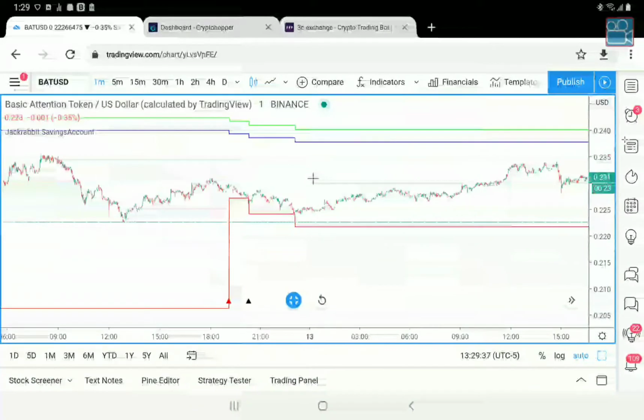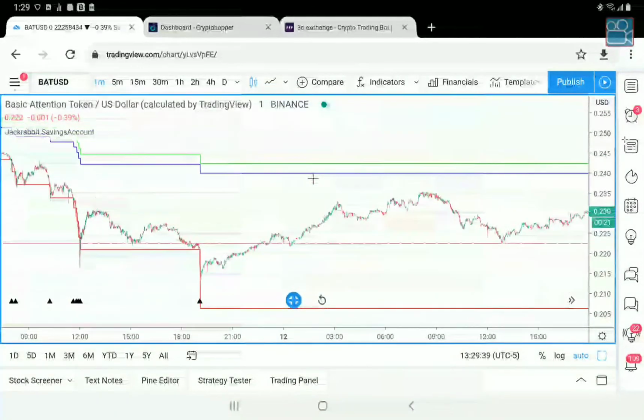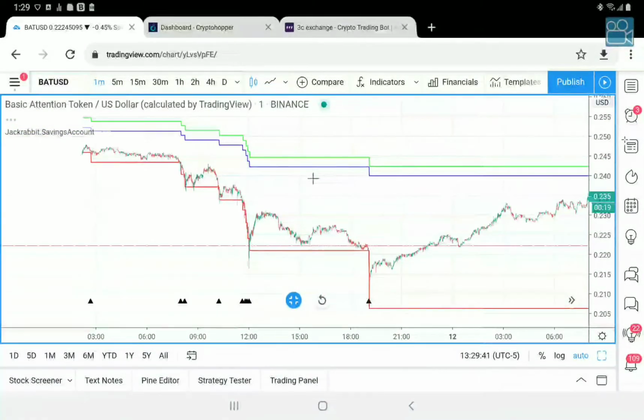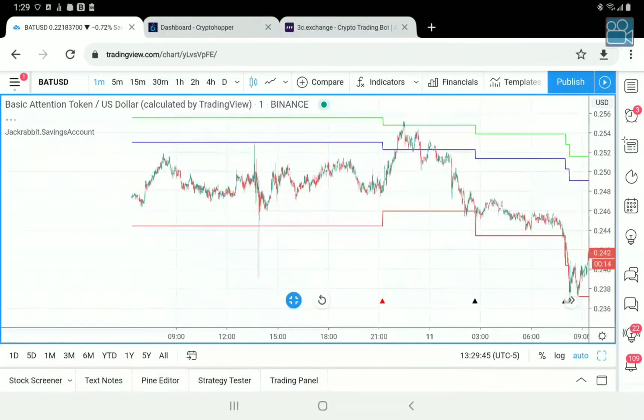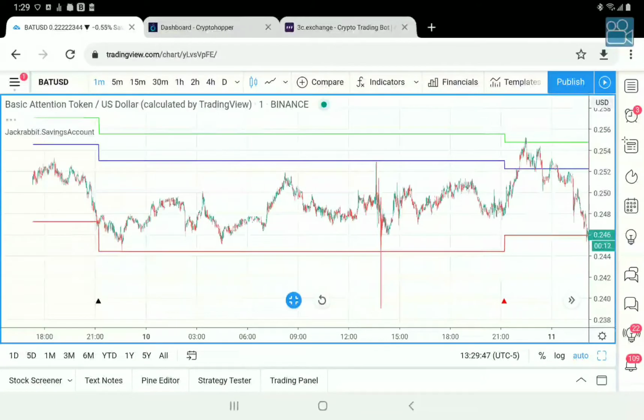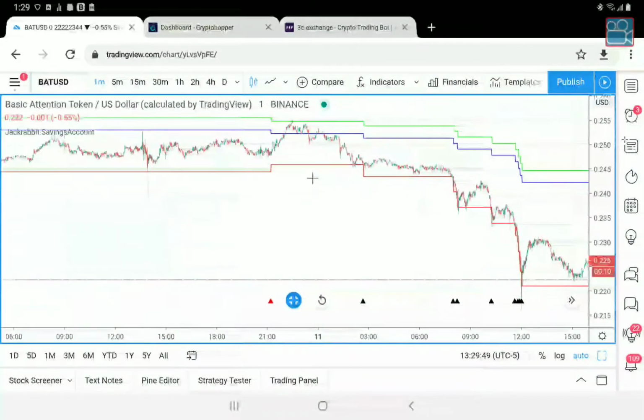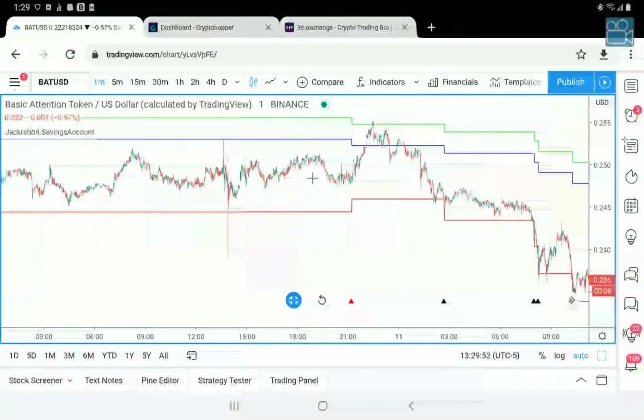As you can see, it just kind of sits here. If I had more budget than what I have, then I would probably get back into it. But the other thing with BAT is there are a lot of these near misses.